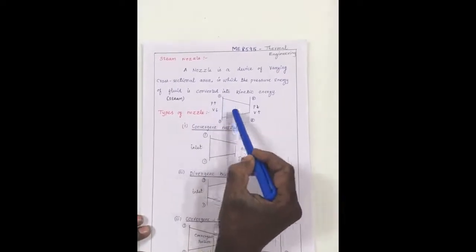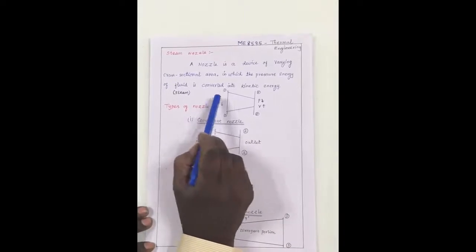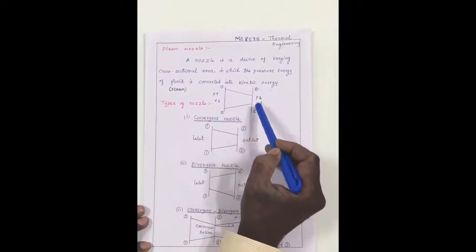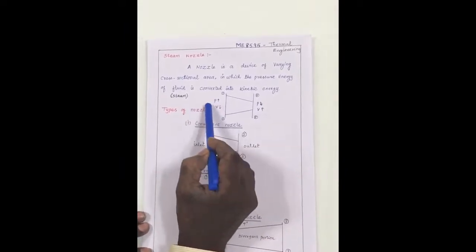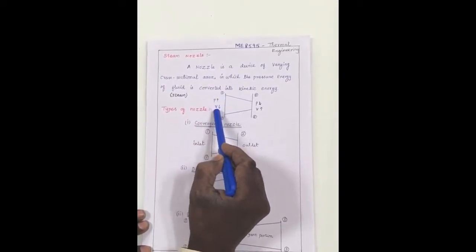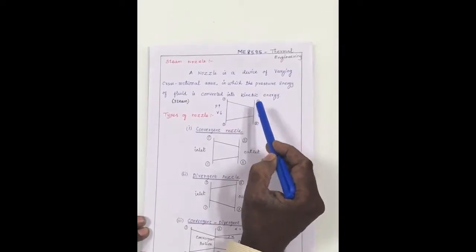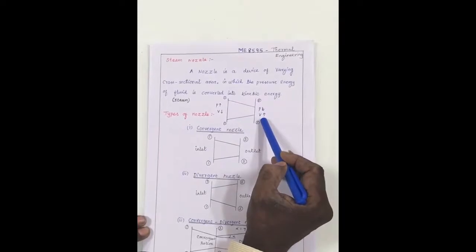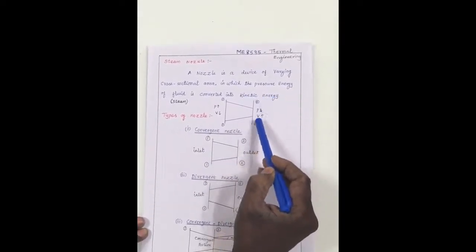This is a schematic diagram of a steam nozzle, where the inlet is represented by 1 and the exit by 2. At inlet, the steam pressure is high and the velocity is low. At exit, the pressure is low and the velocity is high, which means we have high kinetic energy.